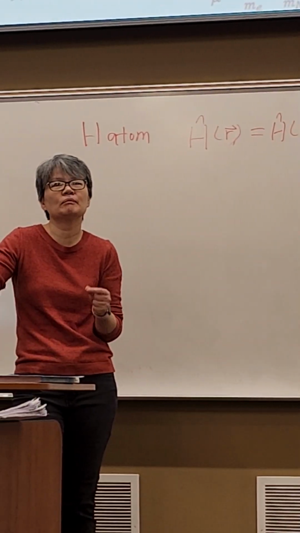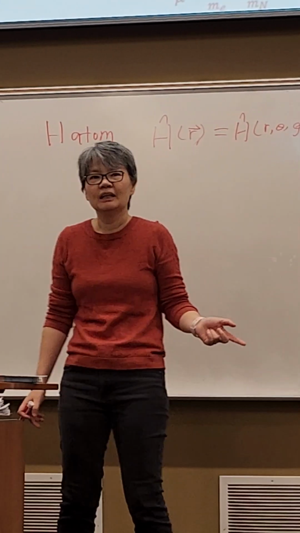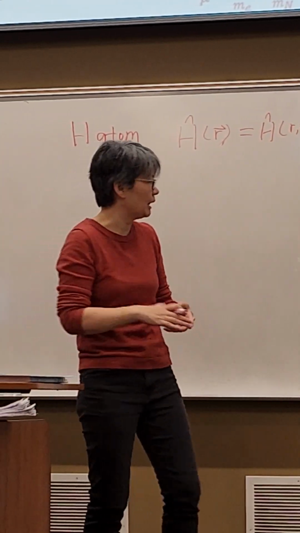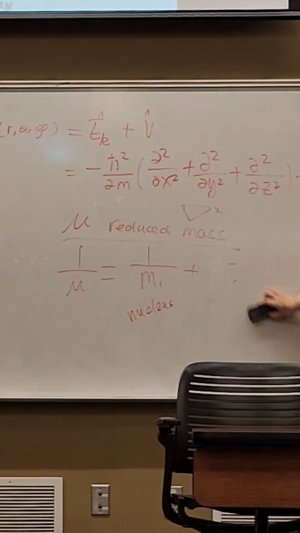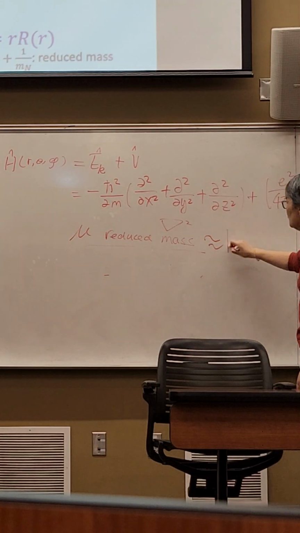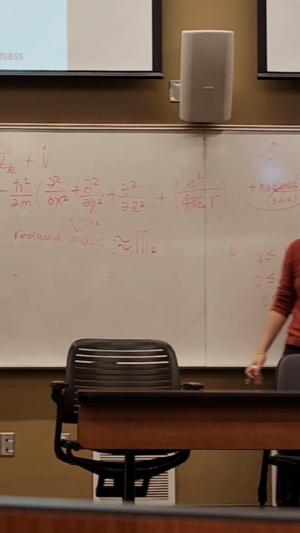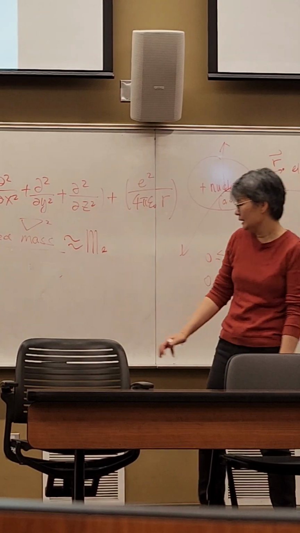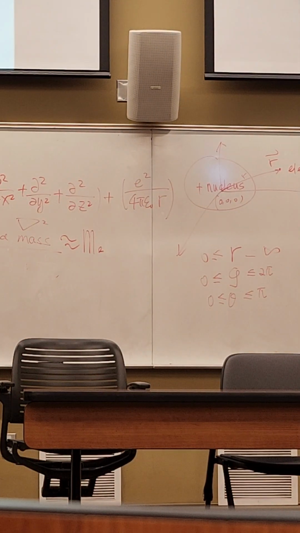Because the mass of the electron is so much smaller than the other, it can be approximated. You guys can go home and do this math. The reduced mass for the system equals the mass of the electron. So therefore, if you really want to make your life easy, I do not mind, you can just use the mass of the electron.